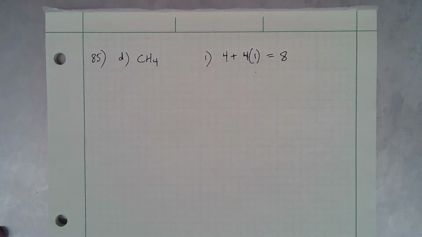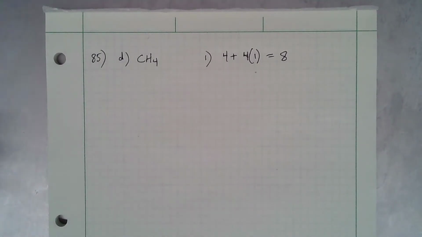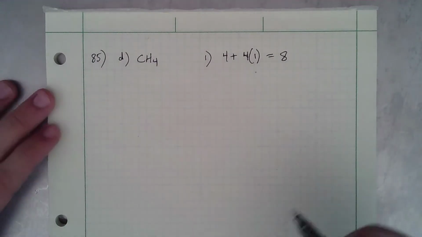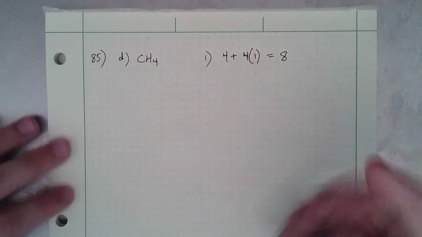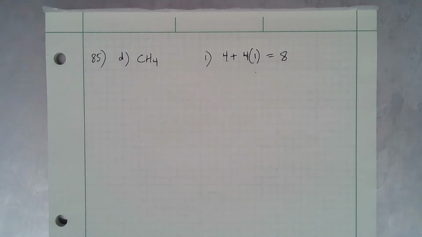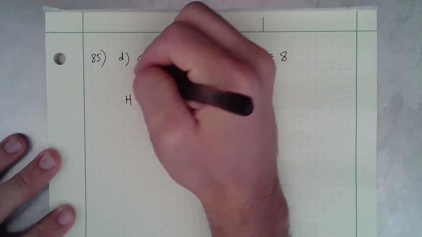Step 2 was to bond each pair of atoms with a sharing pair or a bonded pair of electrons. You have to draw the arrangement here. There's actually 2 different ways to do Lewis structures. Carbon is going to be your central atom.